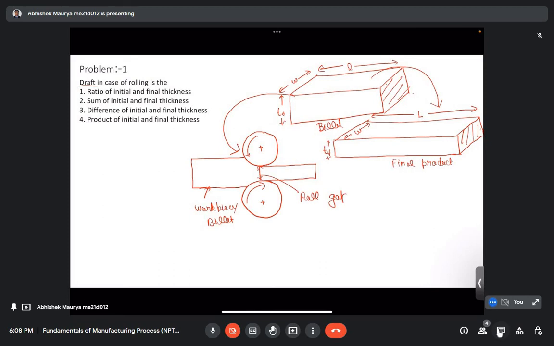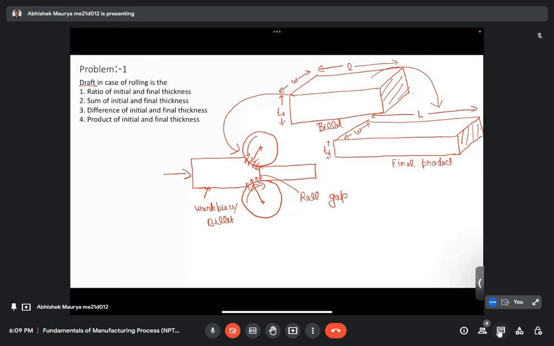So we apply force as the rollers keep rotating and the billet enters between them. Then both rollers put compression force on the billet, and because of this force the billet's cross-sectional area changes, or the material gets deformed.